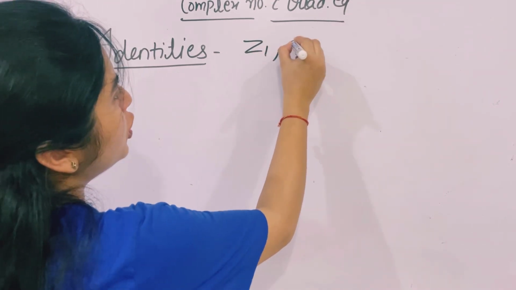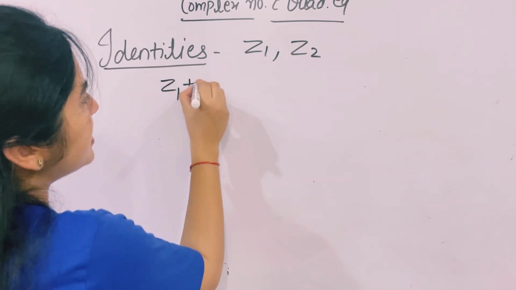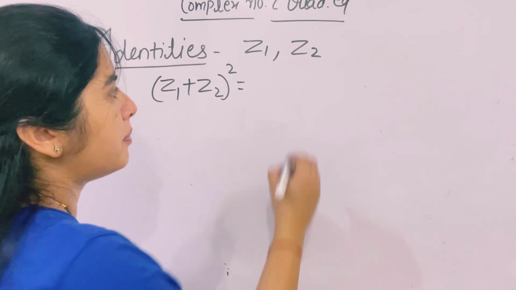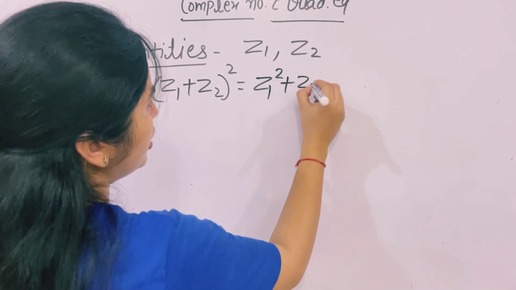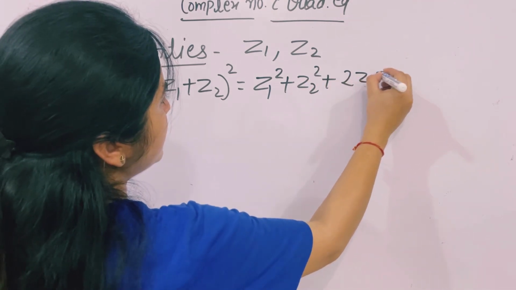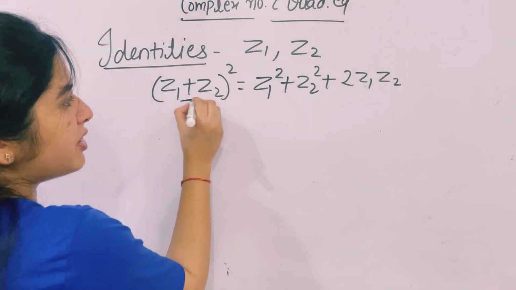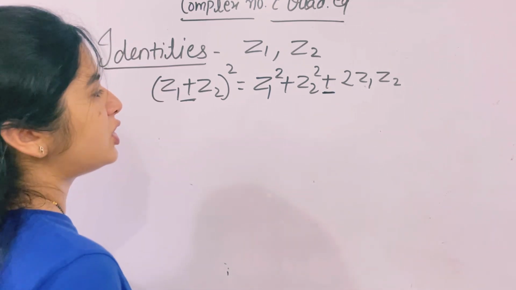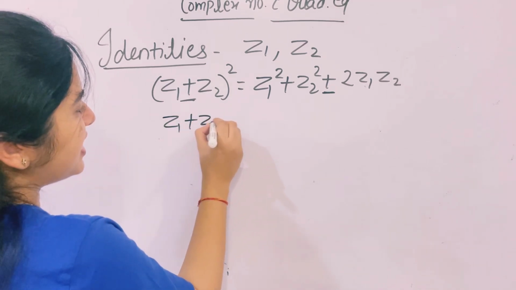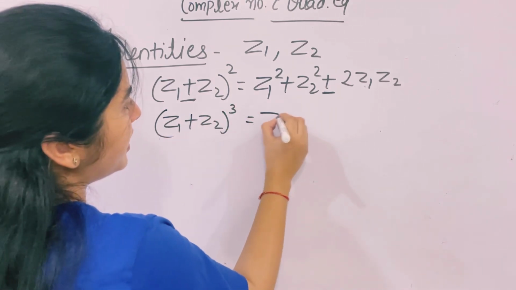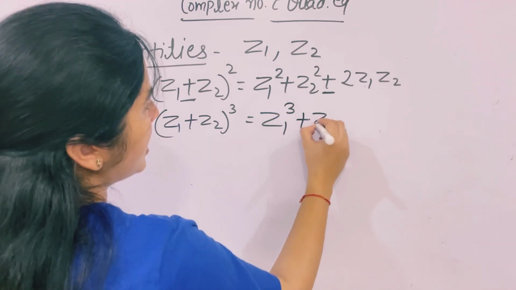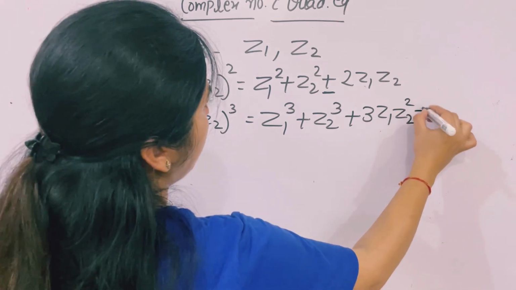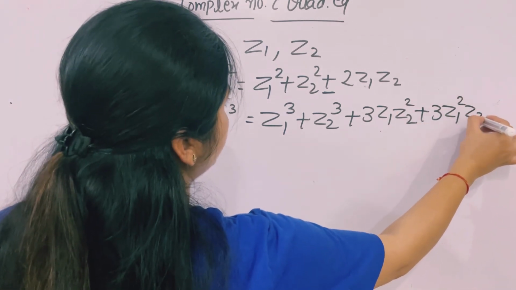If we have two complex numbers, then z1 plus z2 whole square will be z1 square plus z2 square plus 2z1 z2, as followed by the real numbers. z1 minus z2 whole square will be z1 square plus z2 square minus 2z1 z2. z1 plus z2 whole cube will be z1 cube plus z2 cube plus 3z1 z2 square plus 3z1 square z2.